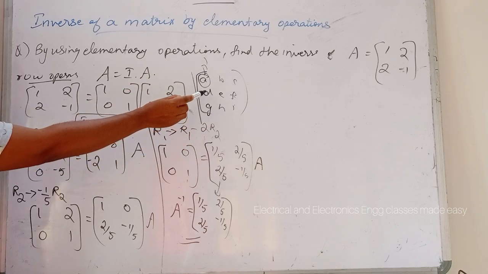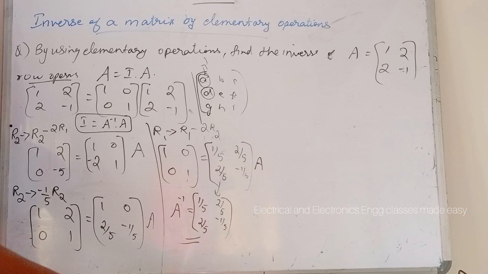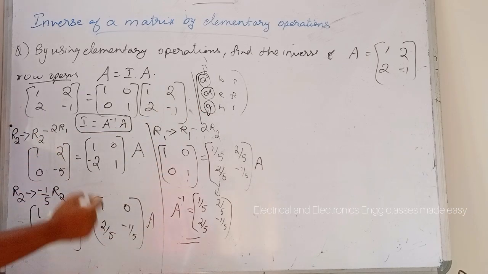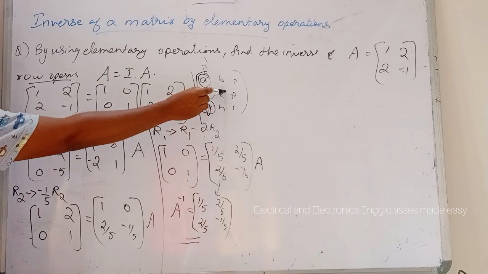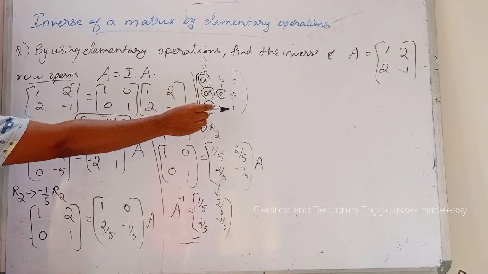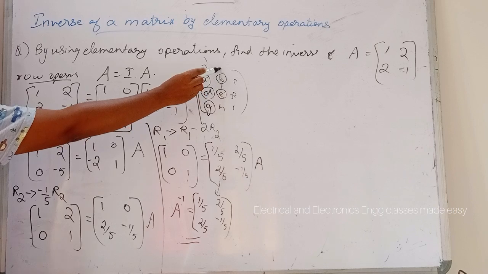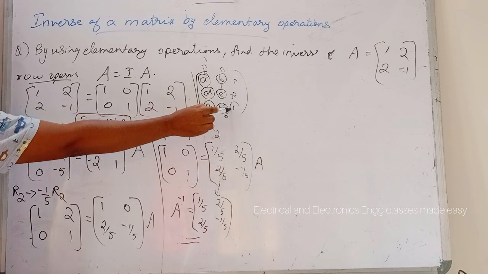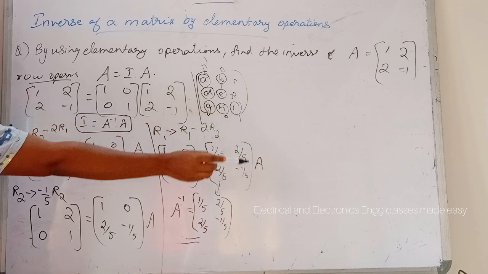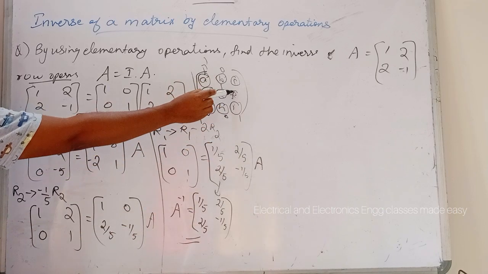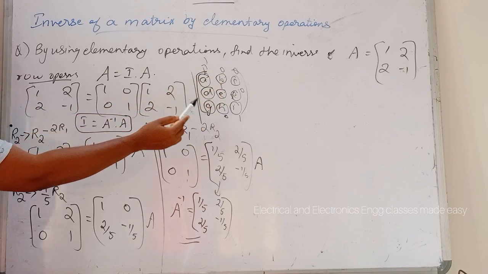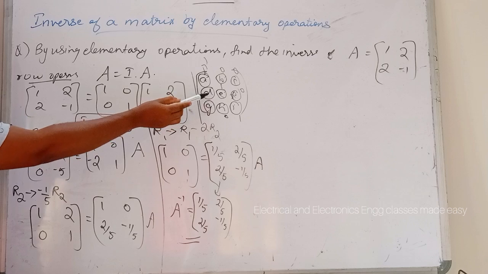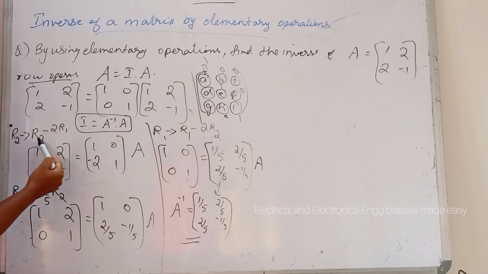Then we have to make this element 0 and also this element 0. Then in the second step, we have to make this element as 1 and make these elements 0. Then the next step, this element we have to make 1 and these elements 0. Here we will get 1, then we can easily make these elements 0 by subtracting like this.